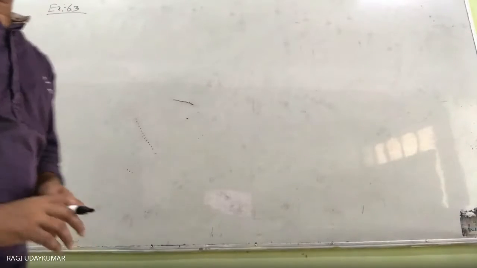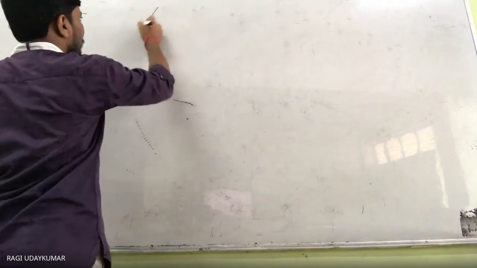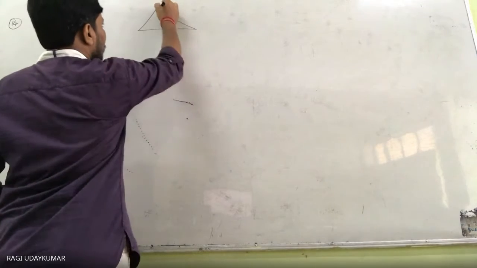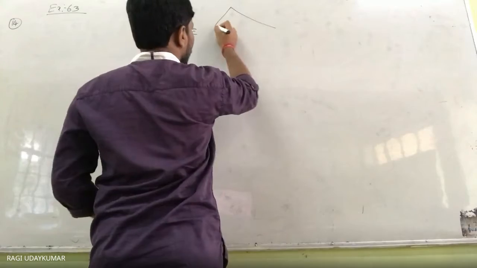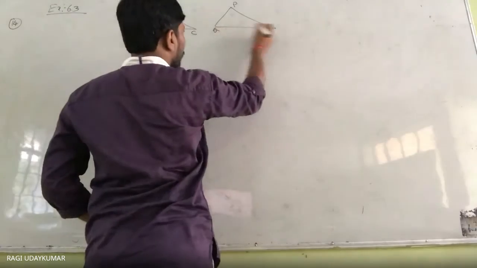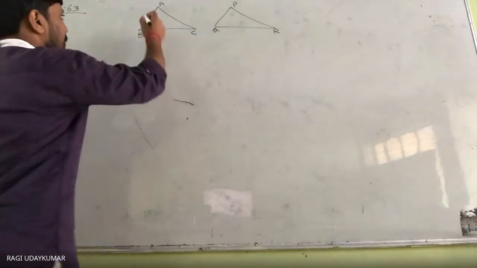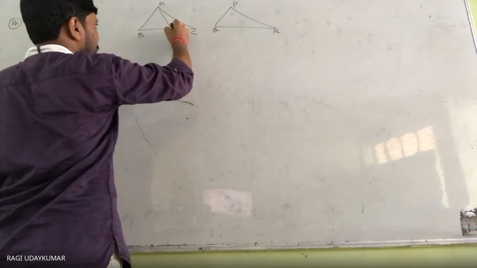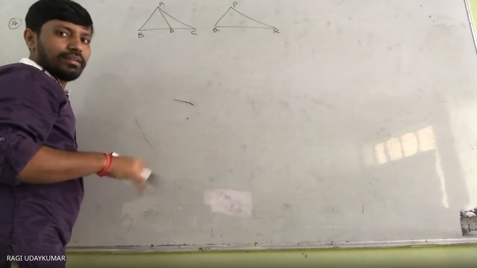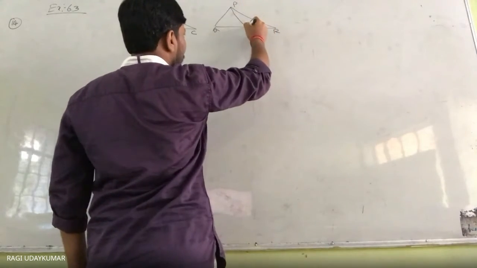So the difference between these two things: you need to take triangle ABC and triangle PQR, two triangles. In this triangle, AB and AC and the median AD are proportional to PQ, PR and median PM.